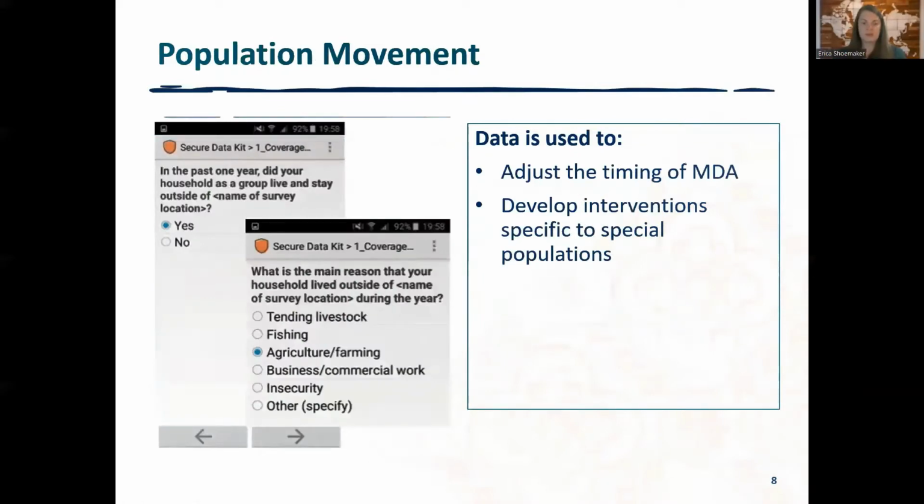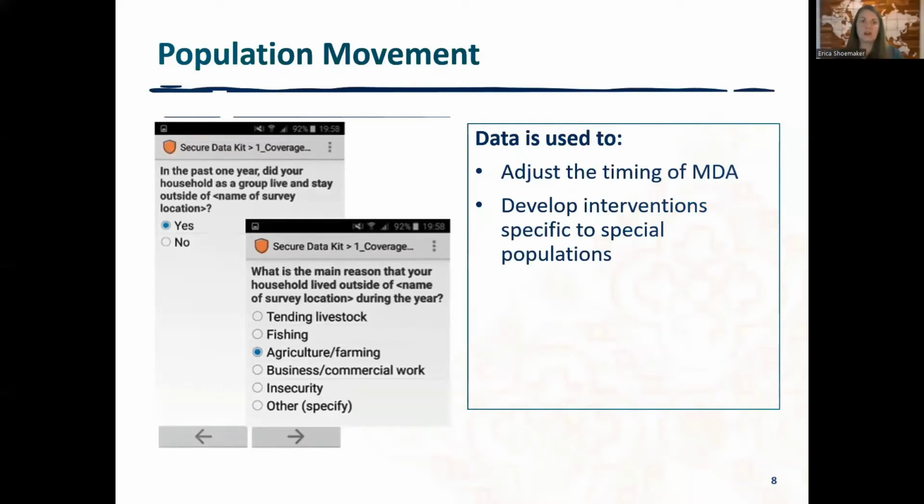Questions around population movement, especially as it relates to mobile and migrant populations, has become more of a focus across ACTI-supported countries, particularly in areas of persistent transmission. Population movement can be assessed on both the household and individual questionnaires.